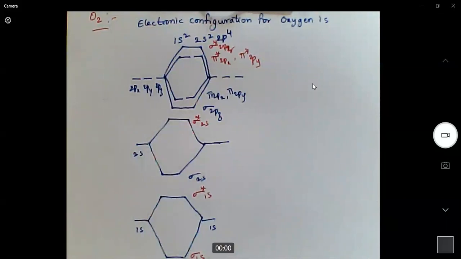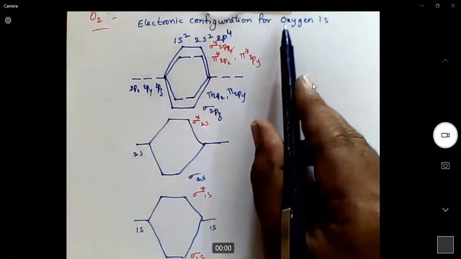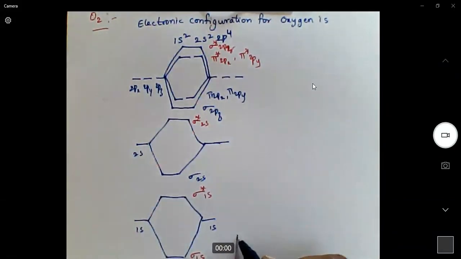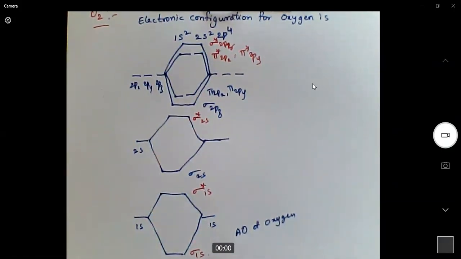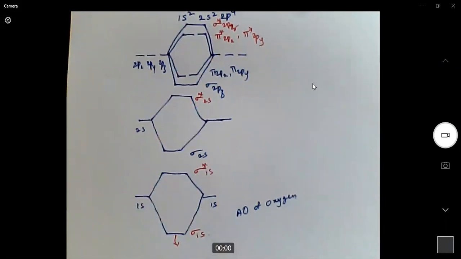Now we will try to fill the electrons. In oxygen molecule, these are atomic orbitals of oxygen, and these in the middle are the molecular orbitals of oxygen.